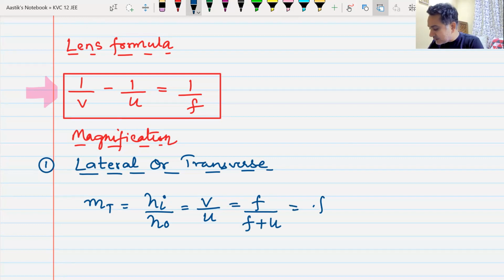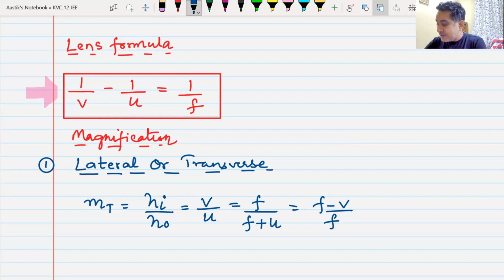Or you can write it as F minus V divided by F. All these things refer to the same thing, transverse magnification. Remember, whatever formula we are making here, all are to be used with proper sign convention. Do we understand this?